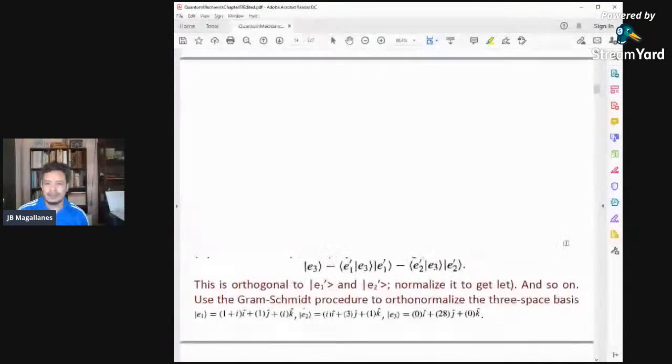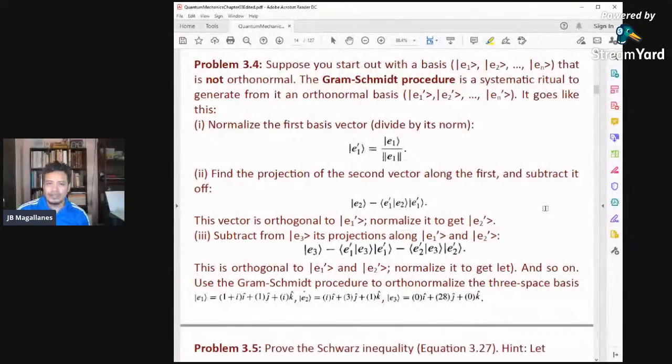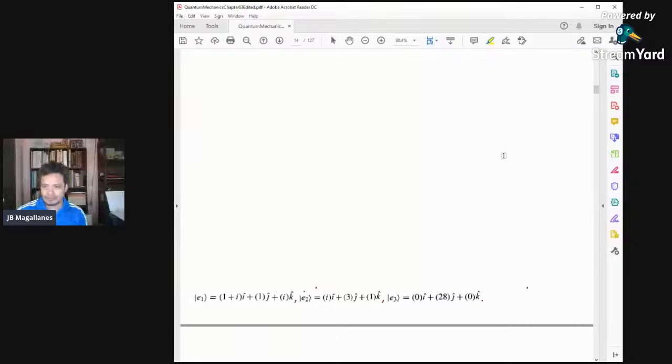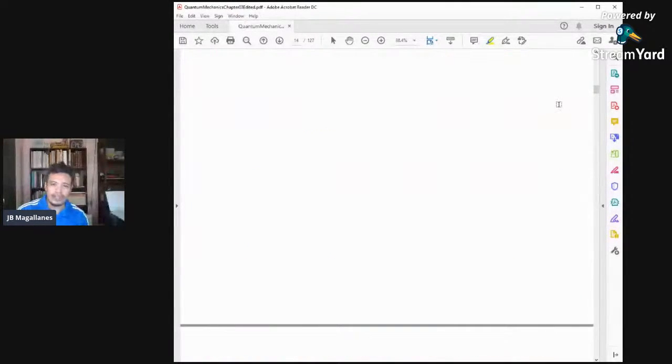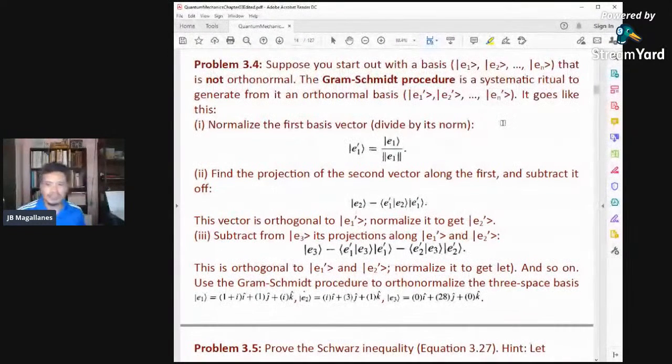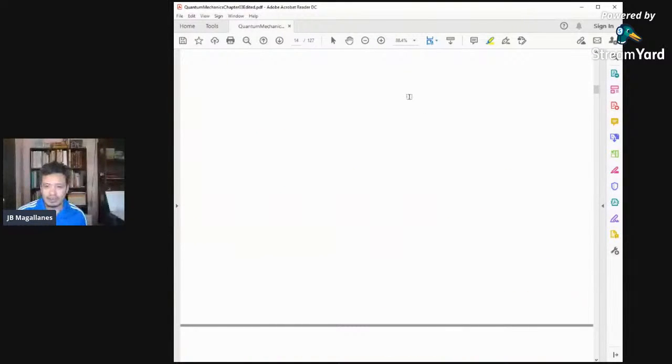Now, this is a problem which you can do at home. Suppose you start out with a basis, for example E1, E2, up to En, and they are not orthonormal. You can do the Gram-Schmidt procedure to make them orthonormal and change them to this set.